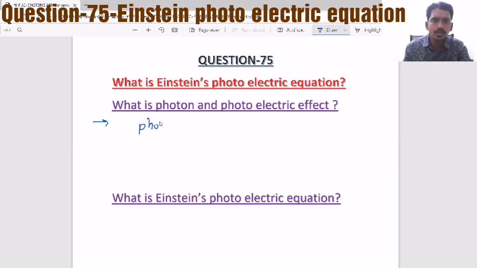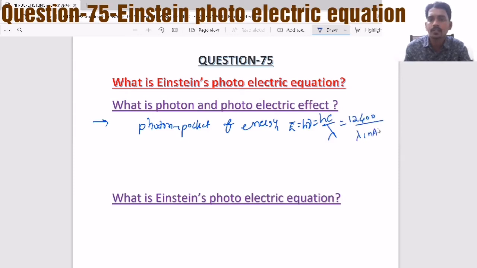So the very first thing is, photon means a pocket of energy, and that pocket of energy is equal to h nu or hc by lambda, or you can take it as 12,400 by lambda in angstroms. Then you will get the energy in terms of electron volt. Or if you take lambda in nanometers, you have to take 1240.